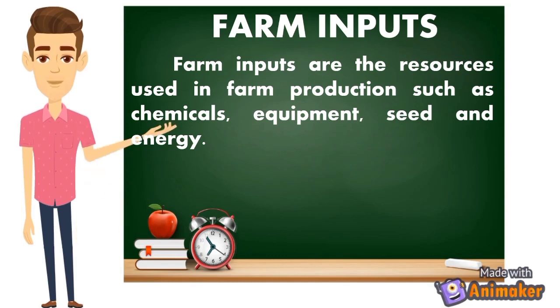Hindi naman tayo pwedeng magtanim kasi commonly na ginagamit natin sa pagpoproduce ng mga gulay or ibang klase ng mga pagkain or prutas ay nagmula sa seed. And energy, so ito yung tinatawag ng mga labor. Okay? Next.